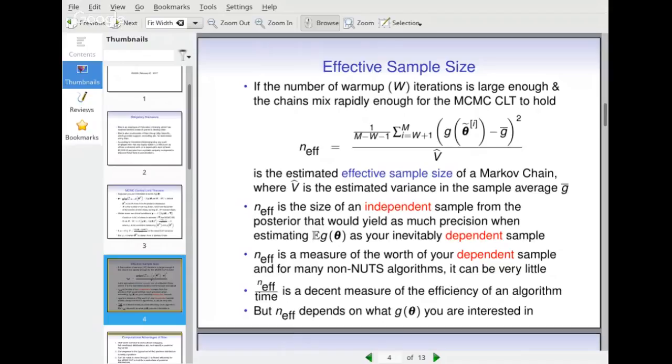And so this idea of effective sample size gets its name because of a very similar idea in survey sampling. We have simple random samples where you just draw independently, randomly from some population, and you do a survey on those people. But that's very expensive.